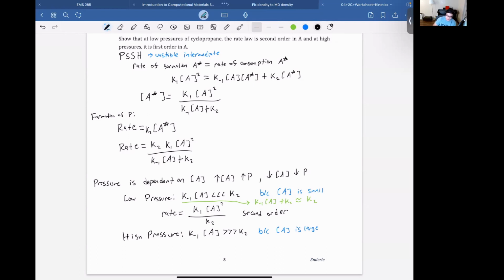So the K2 essentially vanishes. We get K1 K2 A squared over K minus 1 times the concentration of A. Now you can note that one of the A's cancels out. You get K1 K2 over K minus 1 times A. And this is first order because A is to the first power.